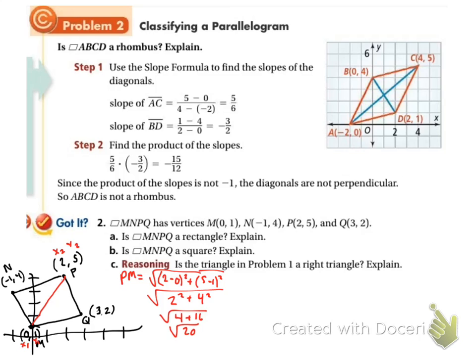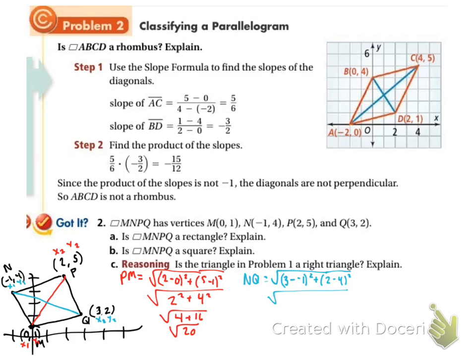Okay, and now we're going to do this diagonal here, NQ. So I will label this one x2, y2. And I'm going to make this one x1, y1. So we've got our square root, so this is going to be 3 minus -1 squared plus 2 minus 4 squared.